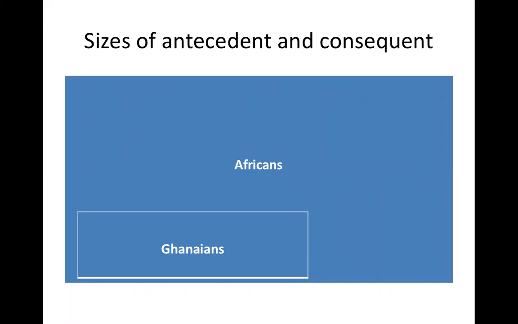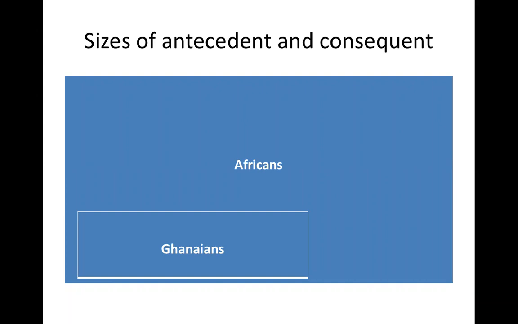The Department of Chemistry is inside the University of Ghana, and the Department of Chemistry is smaller than the University of Ghana. So you cannot exclude somebody from the University of Ghana by simply excluding her from the Department of Chemistry. But if you included her in the Department of Chemistry, automatically you have included her in the University of Ghana.